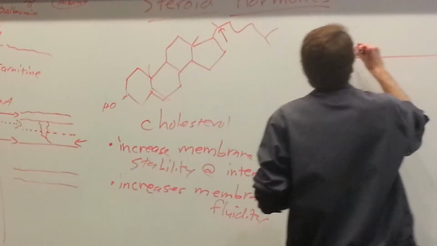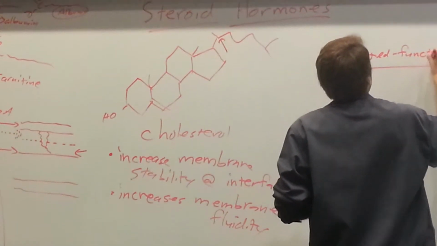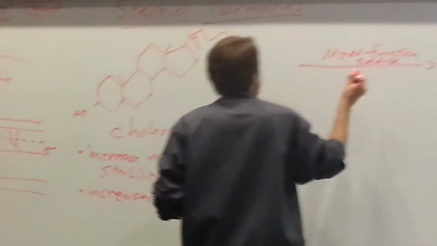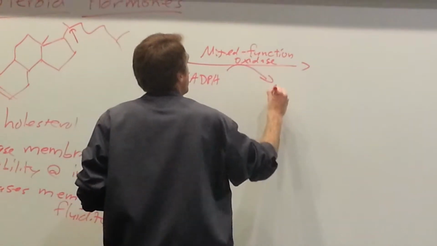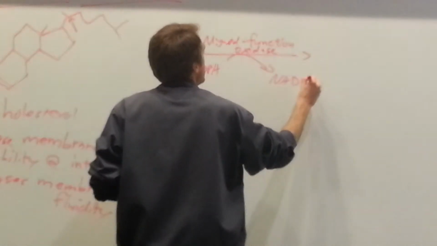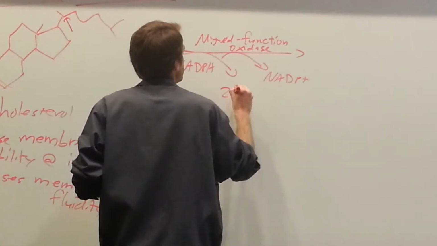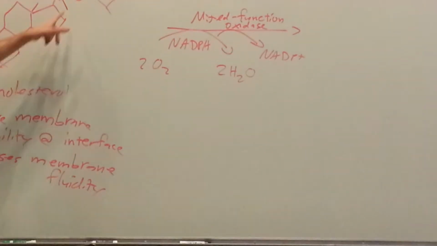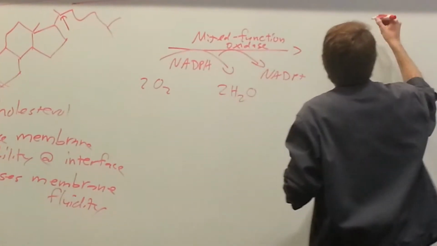All right, so if there's a mixed function oxidase, we know how these work. NADPH, NADP plus. This one takes 2 molecules of oxygen, converts to 2 molecules of water. You might be asking where the other 2 oxygens go. They're going to end up right here. So I'm just going to draw this little piece right here.